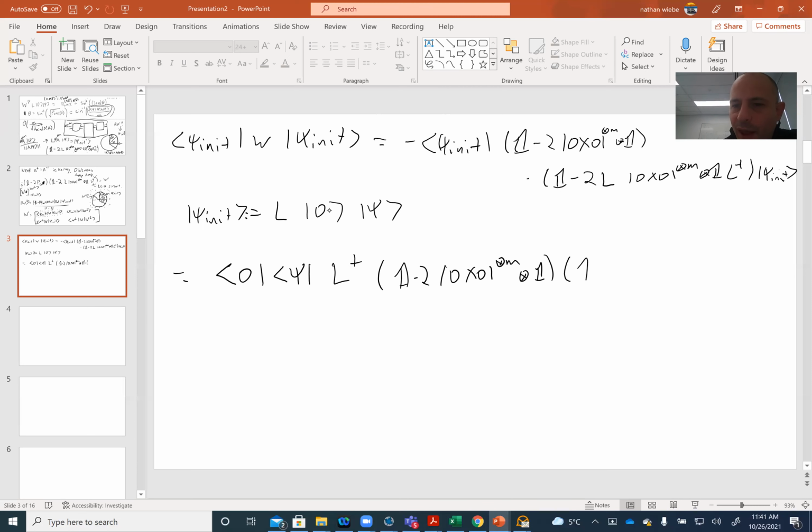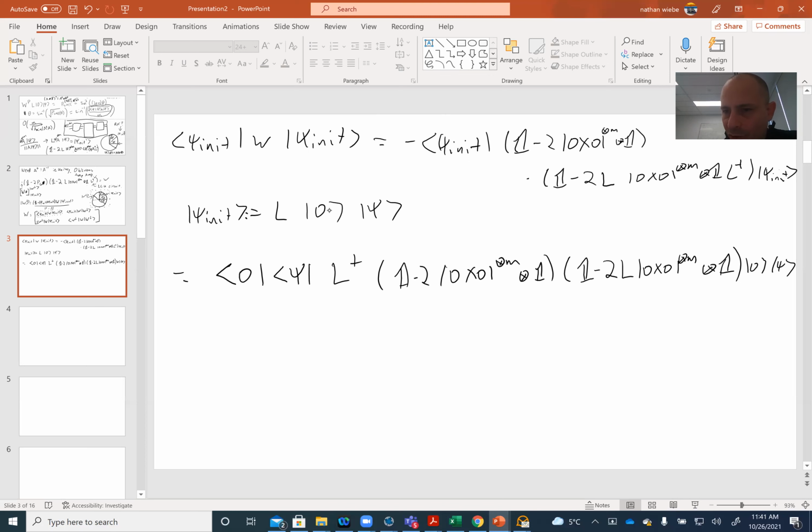And then we multiply this by identity minus 2L, 0 tensor M, tensor identity. Now the L dagger cancels the L in the definition of psi init. So we're just left with 0 psi. All right, wonderful.